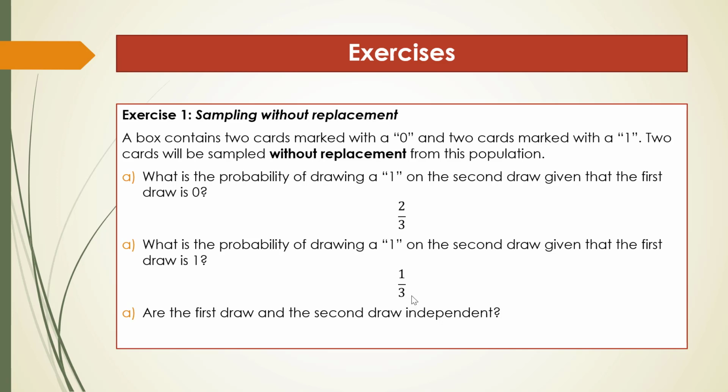So the first draw and the second draw are not independent, they are dependent. So the answer is no. For sampling without replacement, events are usually dependent.